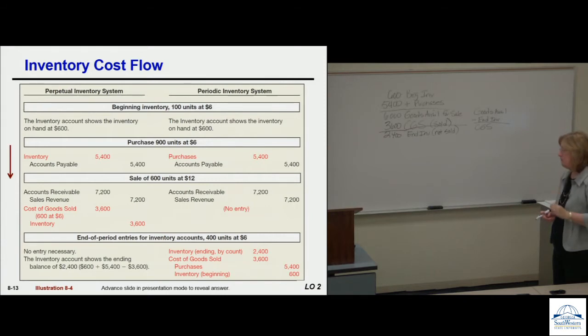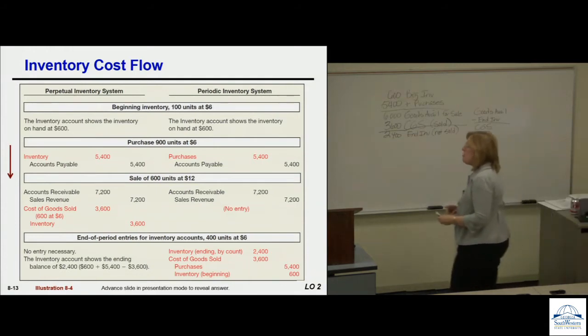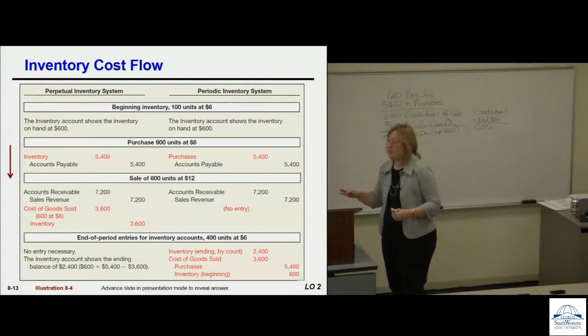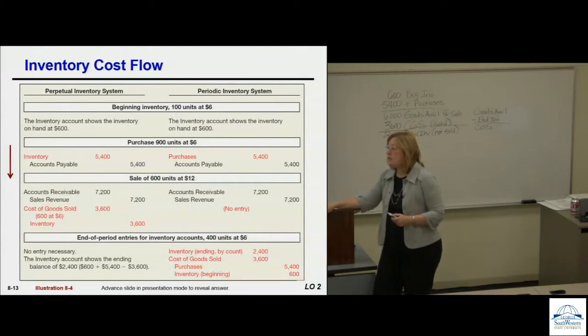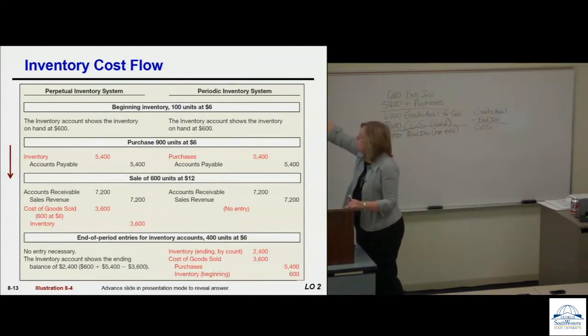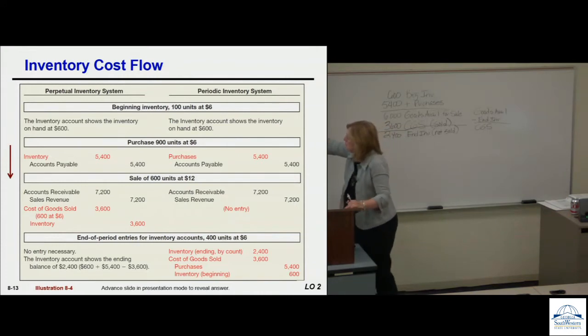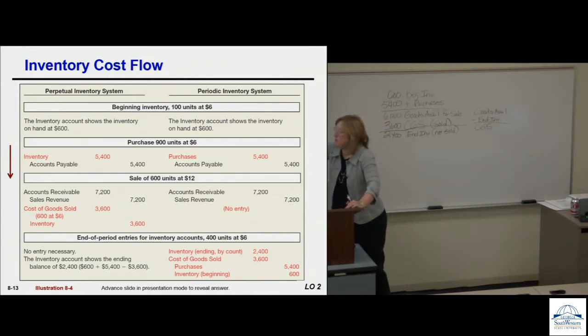So say we had sold all 900 purchases and then sold even more than that, we would just end up with the purchases account having a credit balance? No, our purchases account is wiped out. At the end of the period, we wipe out our purchases account. So whatever we had in purchases, we take it out so that this becomes a plug number.